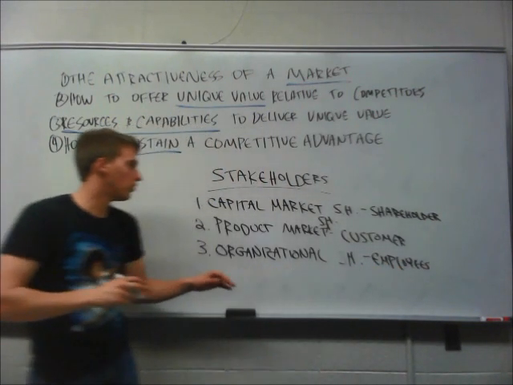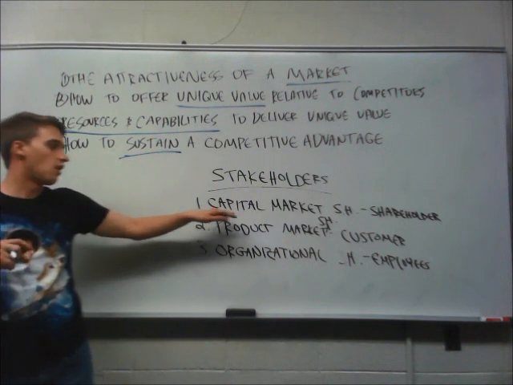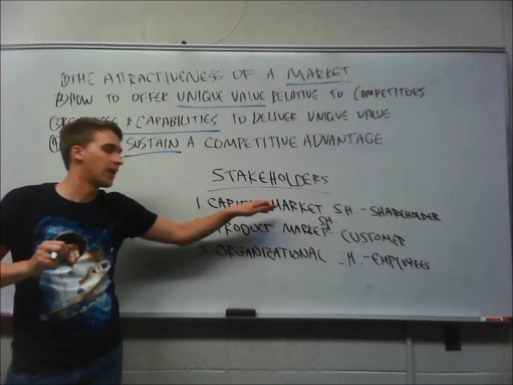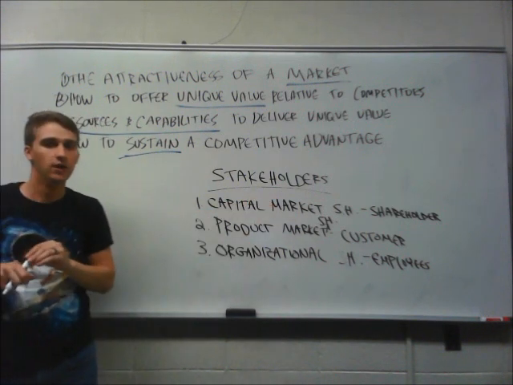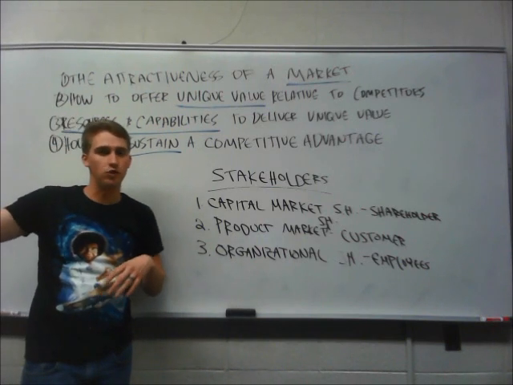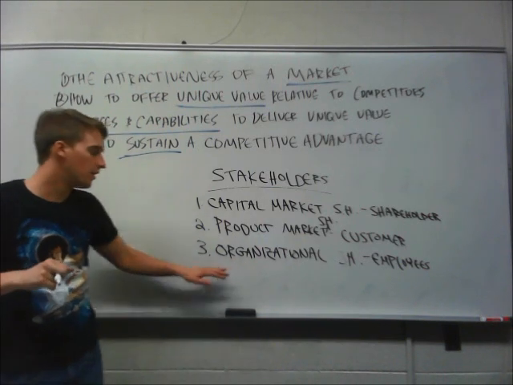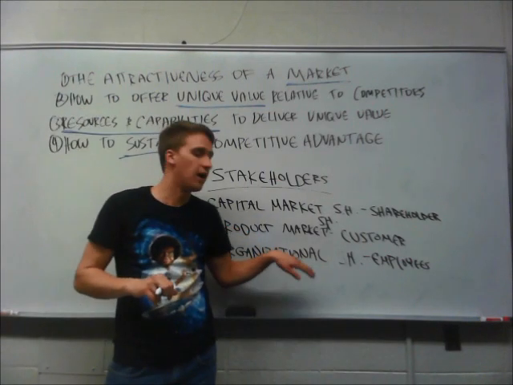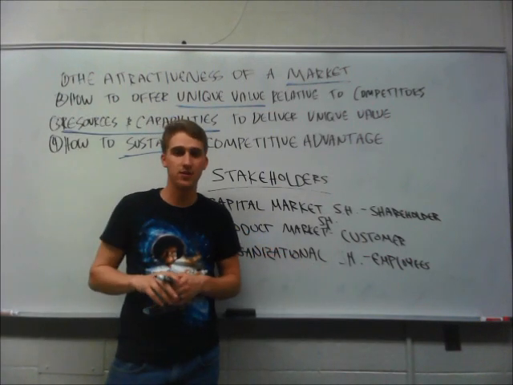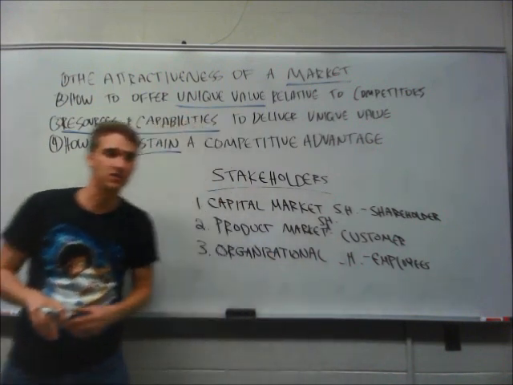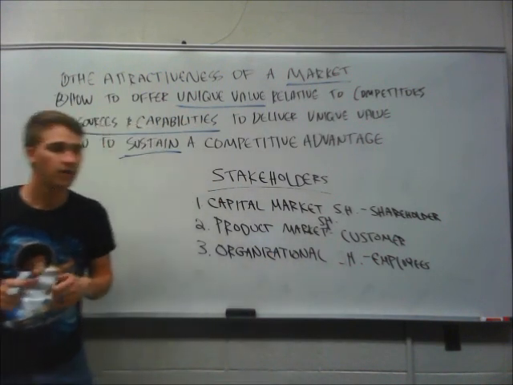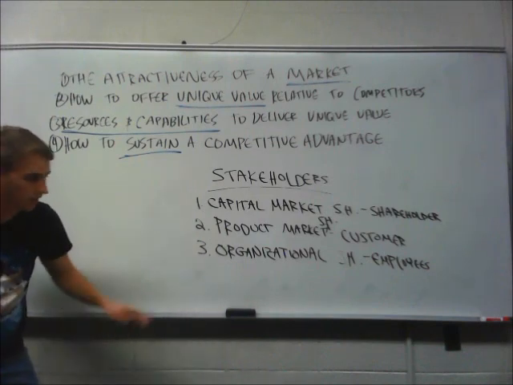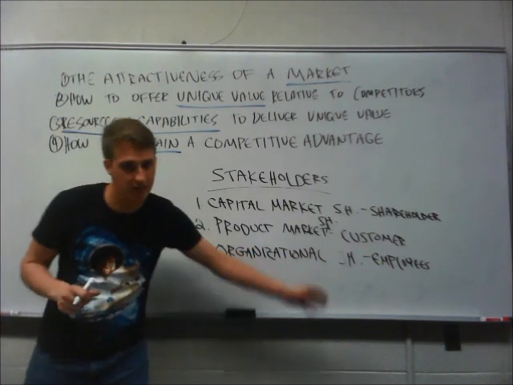So maybe they're also stakeholders in the capital market sense. They care that if you make more money, I make more money. Organizational shareholders though is more employees, because if your business goes out of business, they don't have a job. That's more so what these kind of stakeholders care about. They care about the organization.